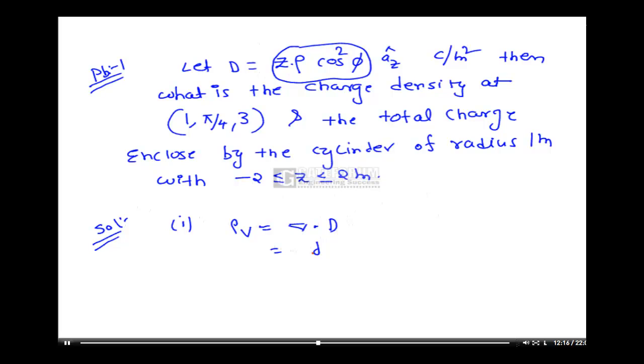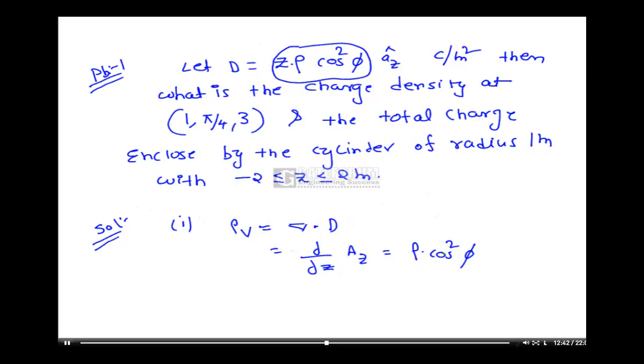So this is dou by dou z of az. If a rho or a phi component were also given, then you would have to apply the full formula of cylindrical coordinates. Directly simplifying, dou by dou z of z rho cos square phi is equal to rho cos square phi.